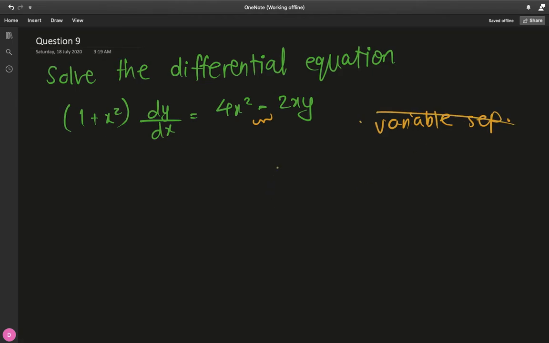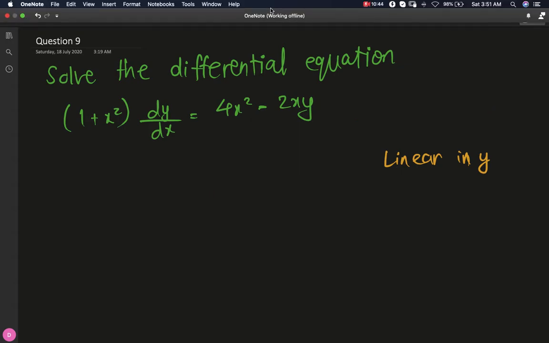So what are we going to do? Well, notice that there is a singular y here. There is a singular y here. So it's actually a hint for linear in y. We have a hint. Now let's check if it fits the bill.